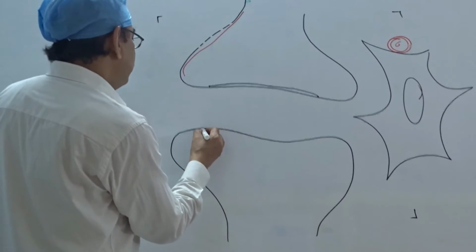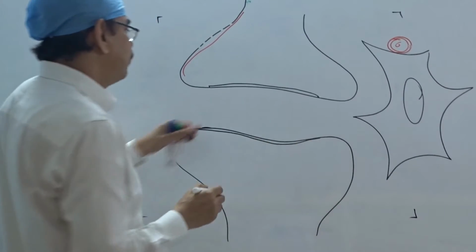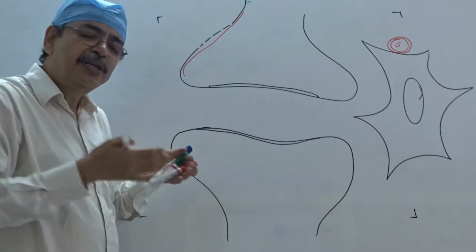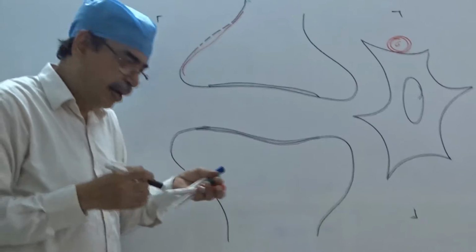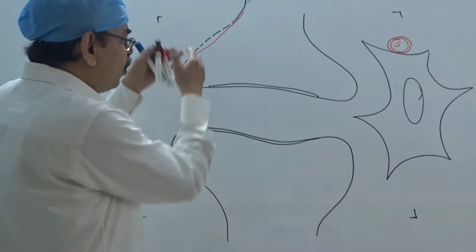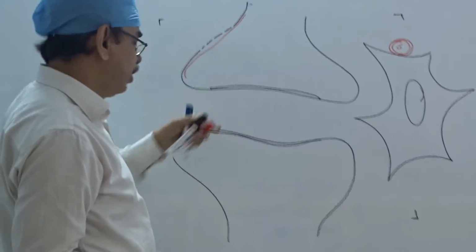Similarly, the beginning of the second order neuron is also active and thickened, and it is seen in the electron microscope as dark bands. So this is also an active zone, because lots of transductions occur here only.